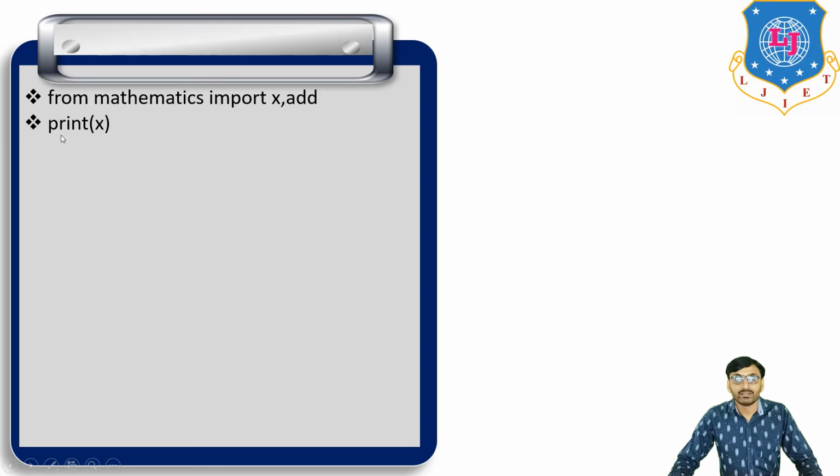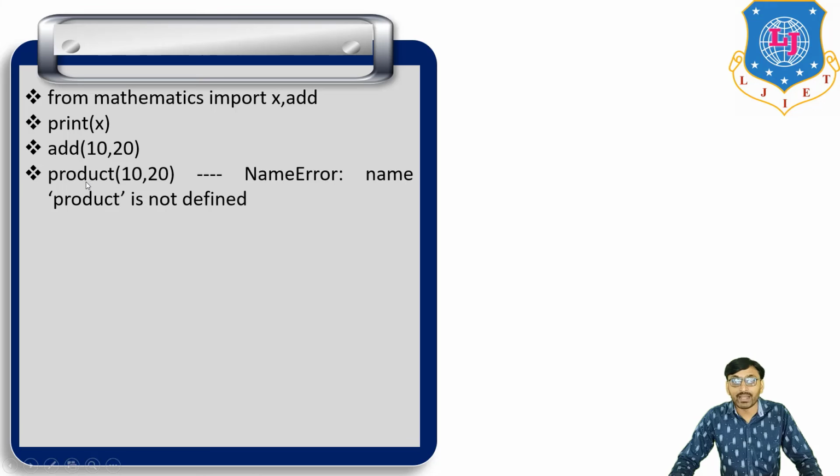So print x, then we get 888, then add(10, 20), we get the sum 30, and if we write product(10, 20), then we get a NameError because the product function is not imported from mathematics. We import only two things, x and the add function.